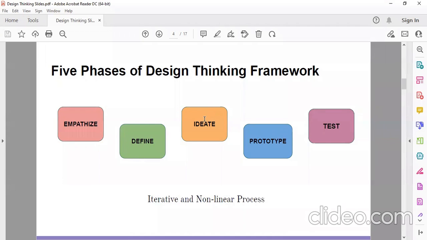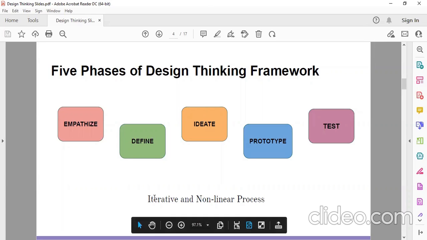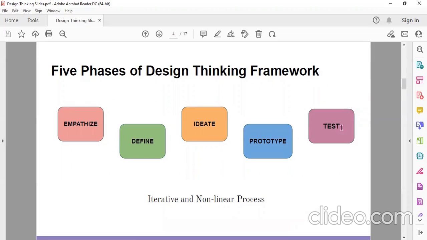We can carry out these stages step by step. We can even repeat them. We can start from the beginning. You can go back. You can start in the middle. You can go through all these phases whenever you want, right? So that's why it's called an iterative and non-linear process. Steps are being iterated, and it doesn't follow a linear approach, right?